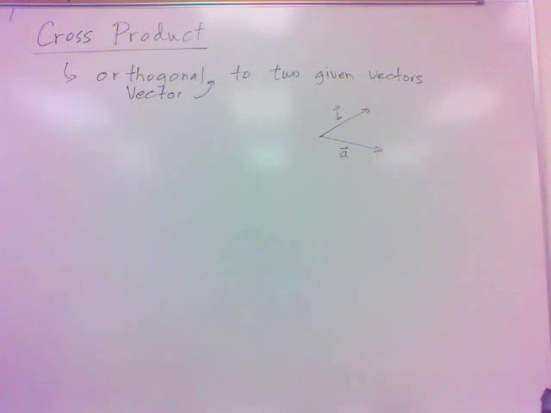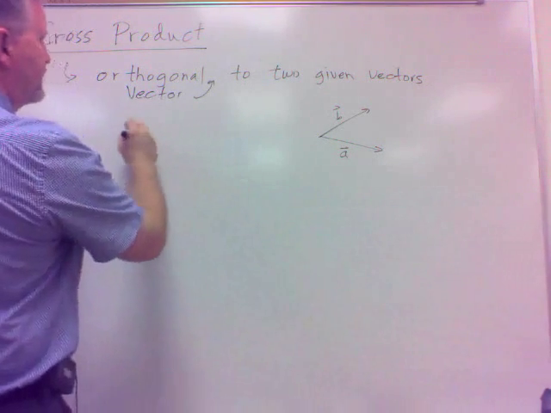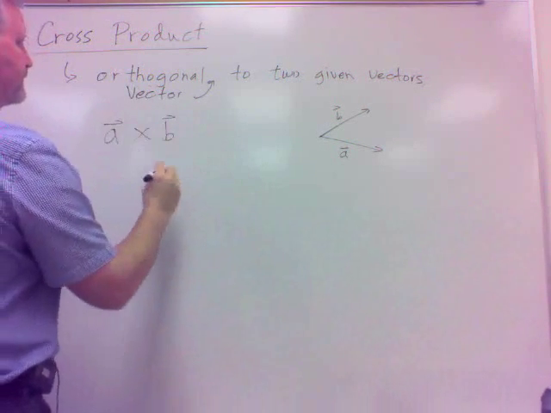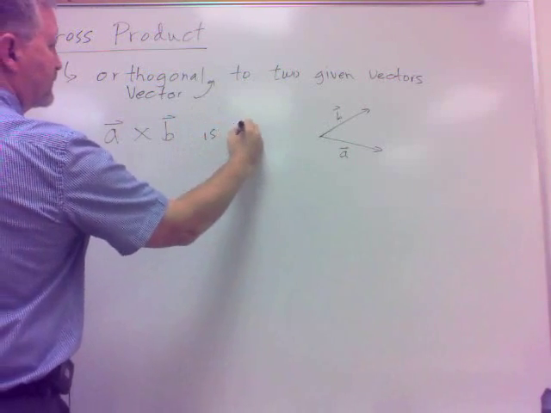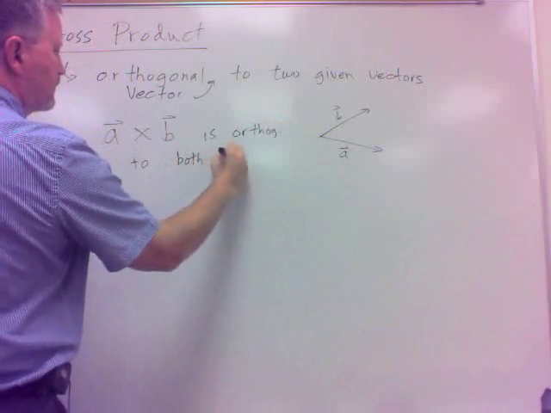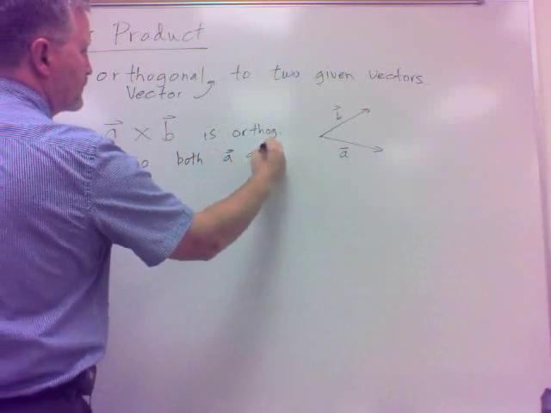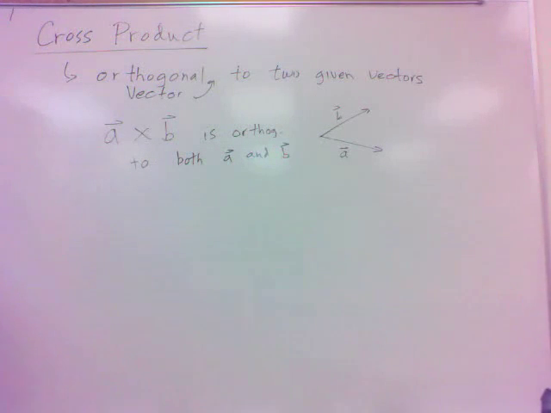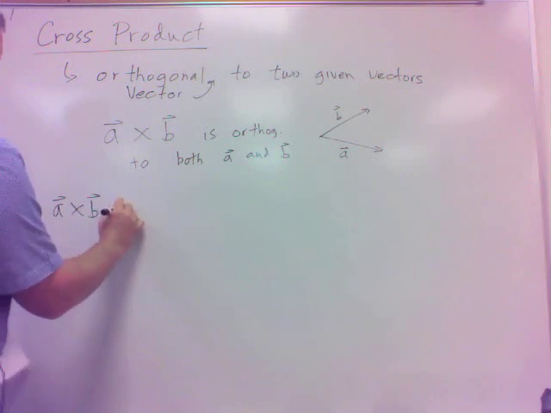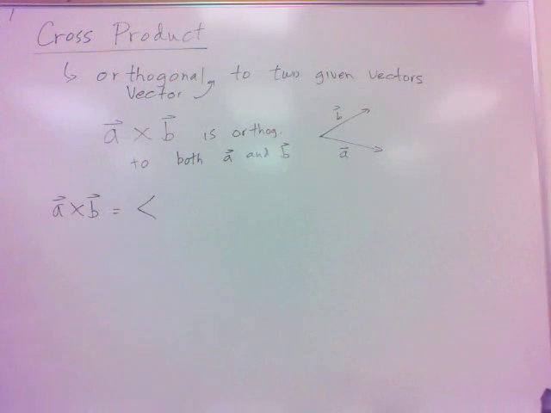All right, here is the definition. So A cross B is that vector. A cross B equals, so again this is going to be a new vector, different from the dot product. Dot product gave us a scalar. Cross product is going to give us a vector.